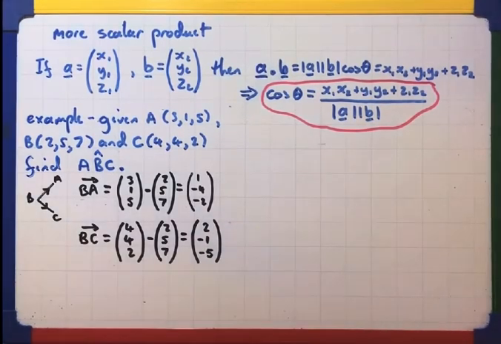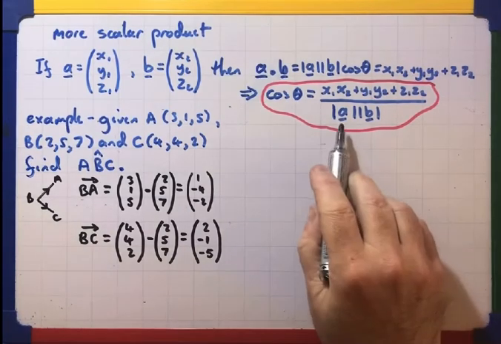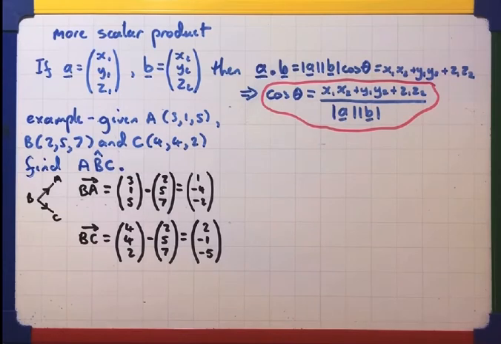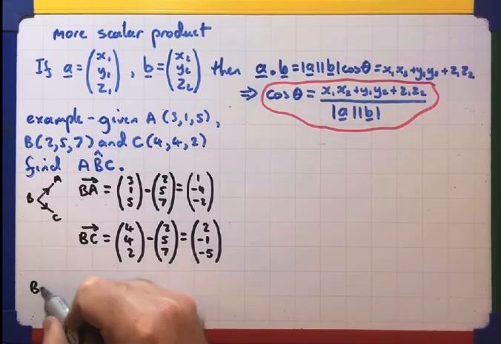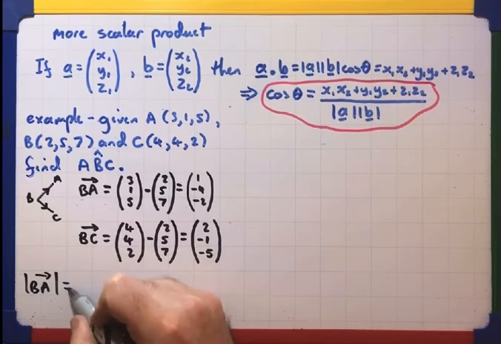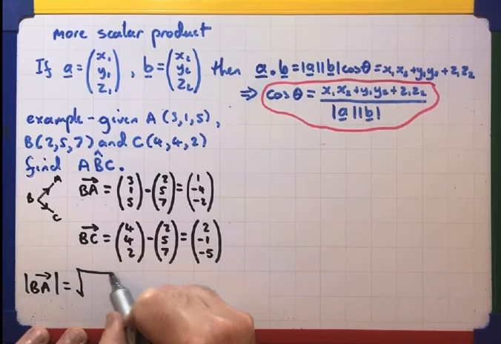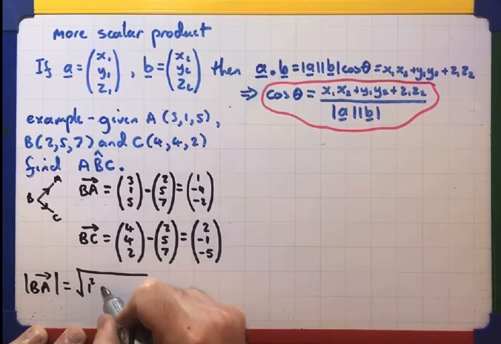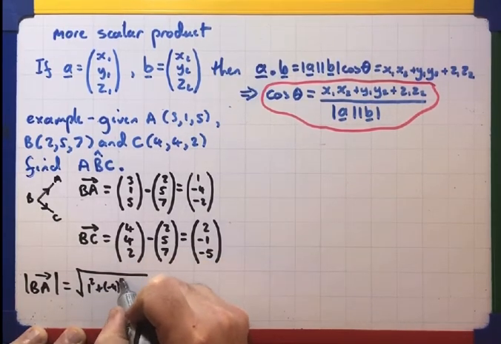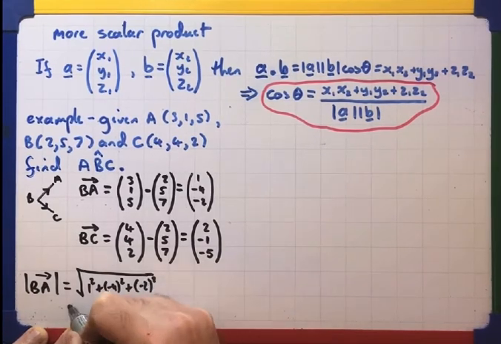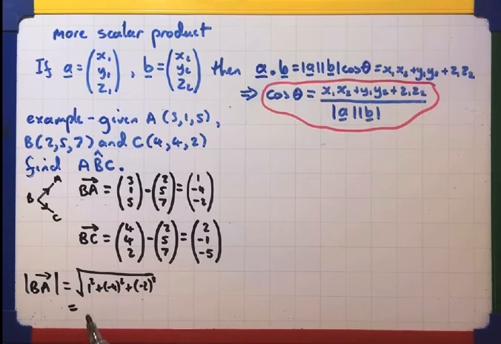We also need the magnitudes. So if I want the magnitude of BA, it's just the square root of 1 squared plus minus 4 squared plus minus 2 squared. 1 and 16 is 17, and 4 is 21.